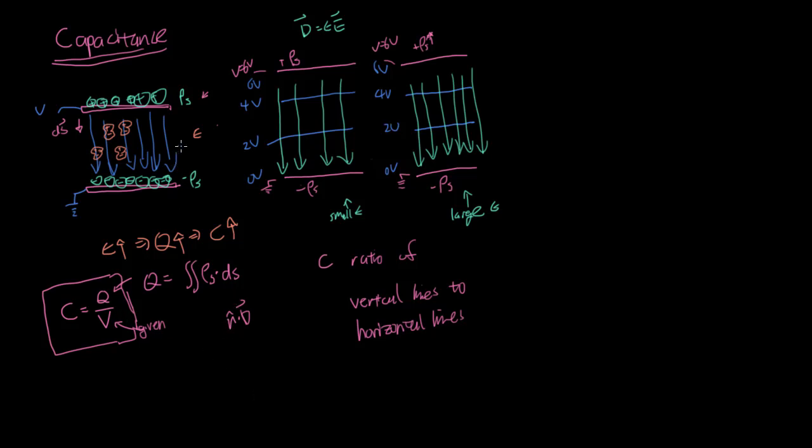And then also get the intuition that the greater the epsilon, the greater the amount of capacitance you have. I'd like to wrap up this segment by just pointing out mathematically what happens when you have capacitors connected in series or in parallel.